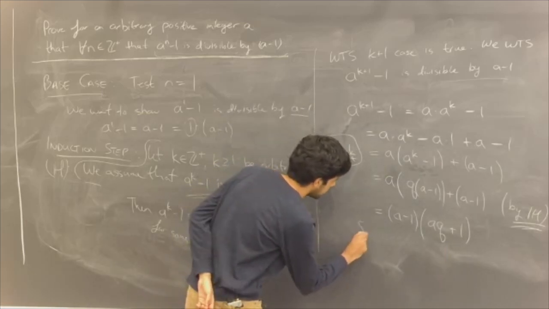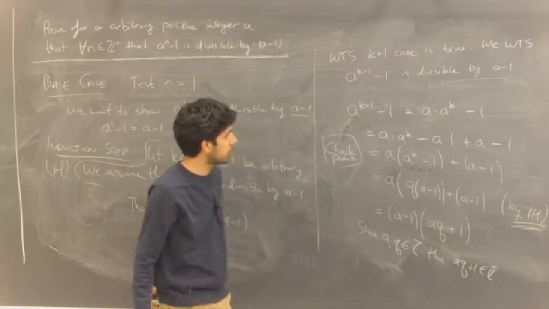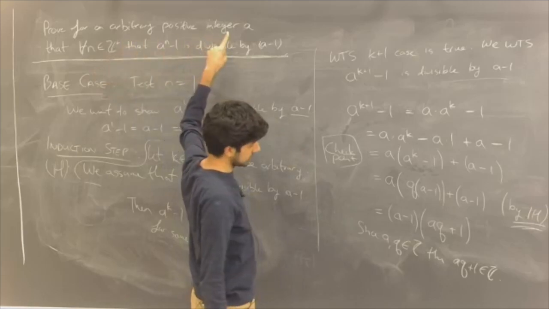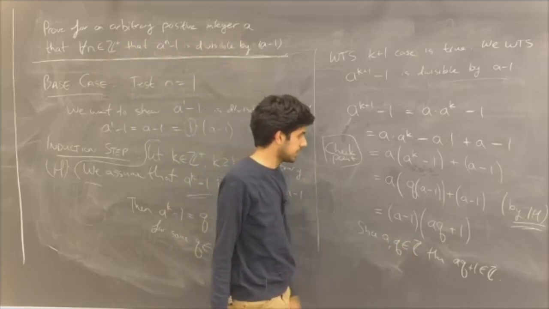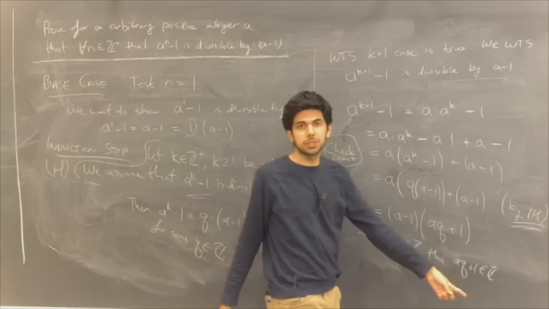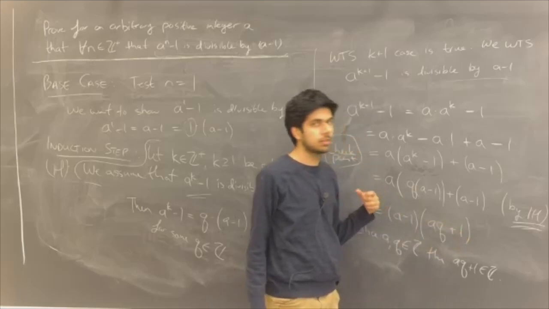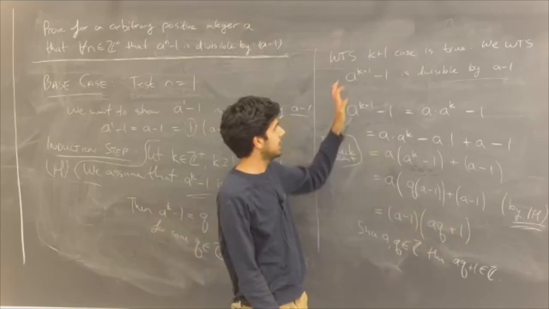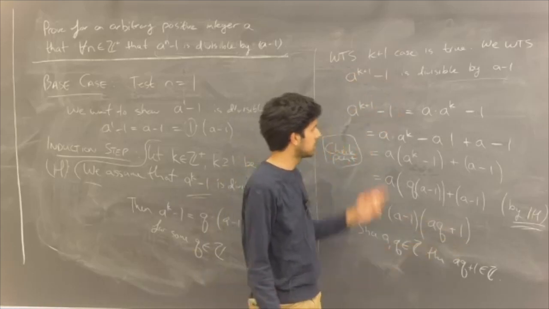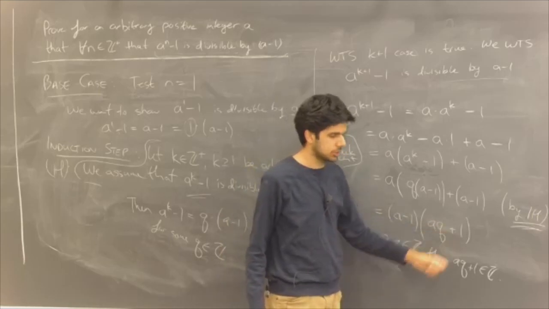And well, since a and q are both integers, a is an integer because we're told it's a positive integer, q is an integer because it's the definition of divisibility, then aq plus 1 is an integer. So I've represented it like this, therefore I'm done. A to the k plus 1 minus 1 is equal to that, so this is divisible by a minus 1, because I found such an integer there.